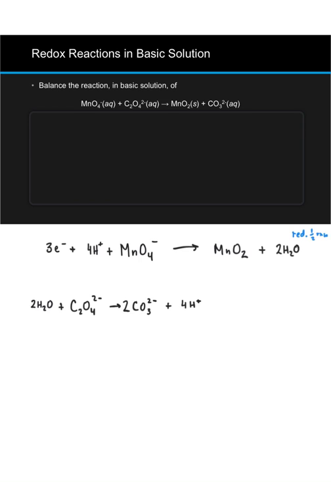That's 4 positives. So we have 0 total charge on this side, 2 negative total charges on the left-hand side. So I need to bring the total charge on the right down by 2. I'm going to add 2 electrons to this right-hand side, and in so doing, we verify that this is indeed our oxidation half reaction.